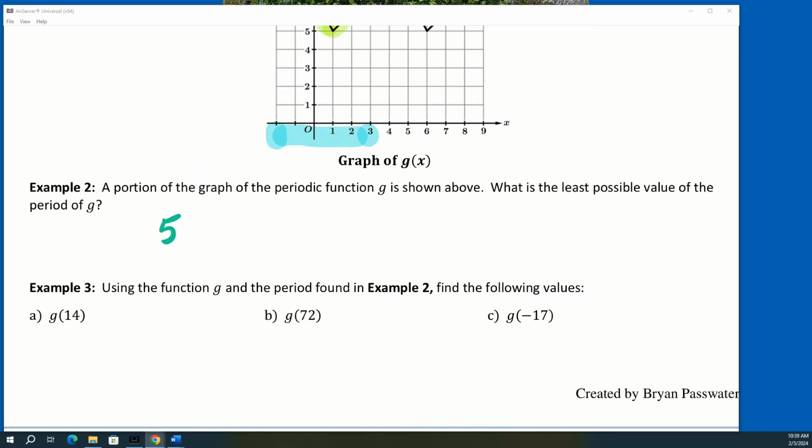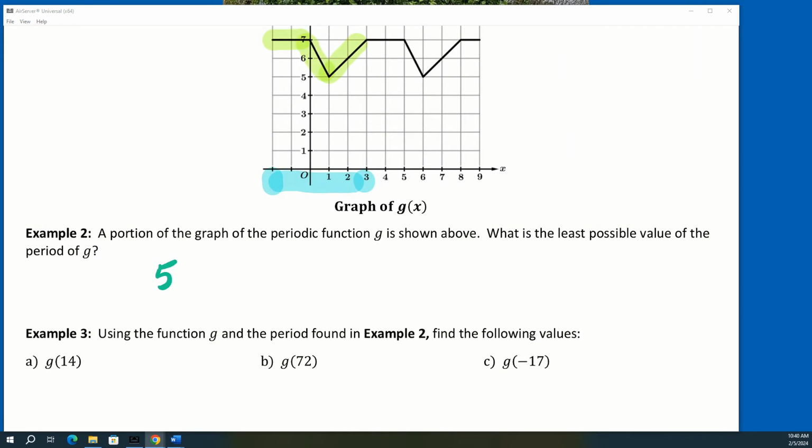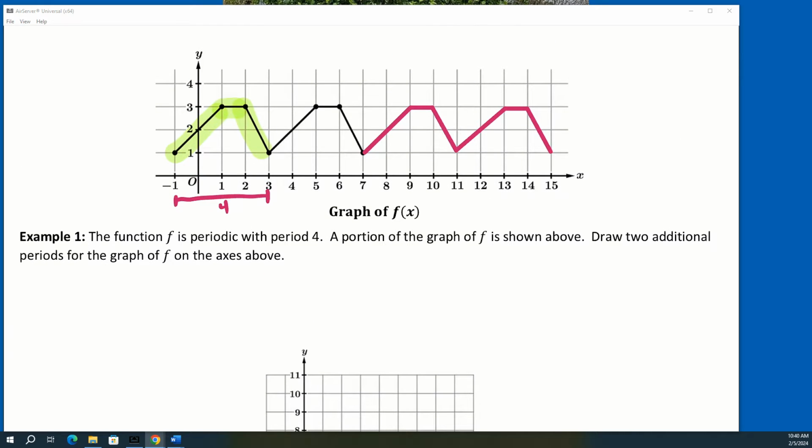All right, so on example 3, we're going to evaluate this periodic function for values that we can't see. So we have the graph from -2 to 9, but we're going to do some that are outside of that range. Like I said on the last question, here the output was 1, and if I added a period to the x, the output's still 1, and I keep adding that period.